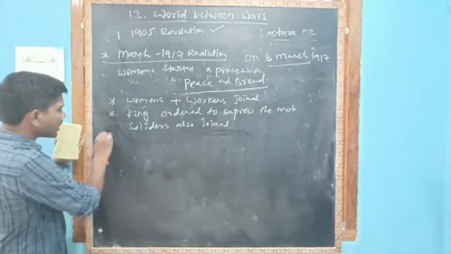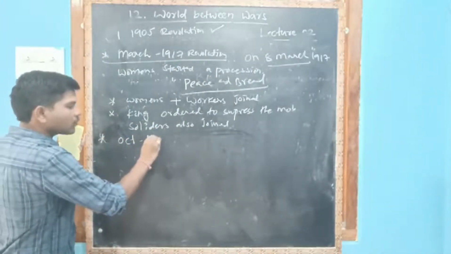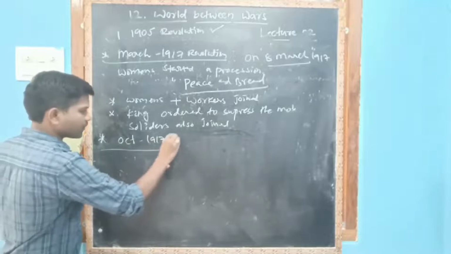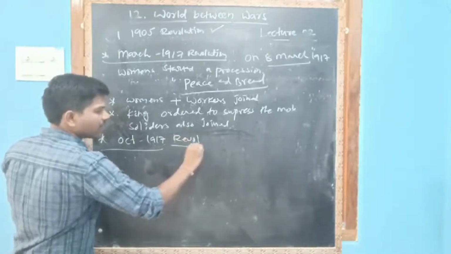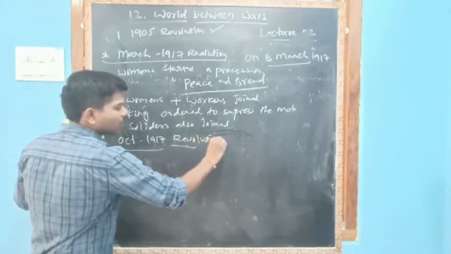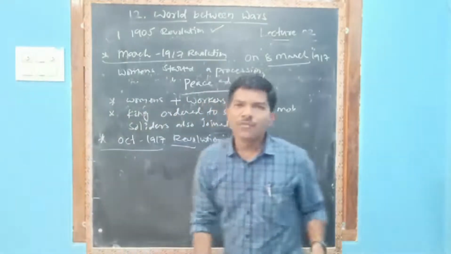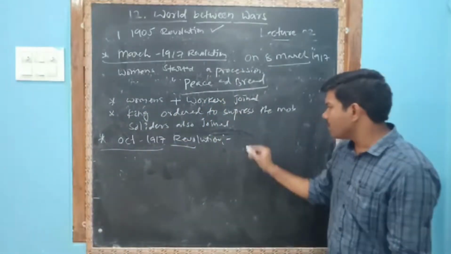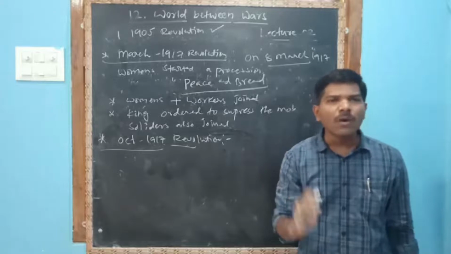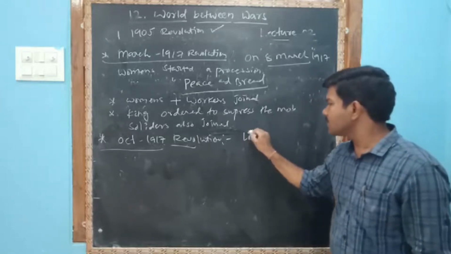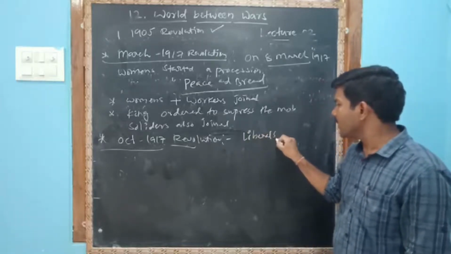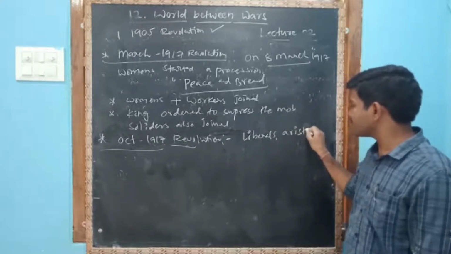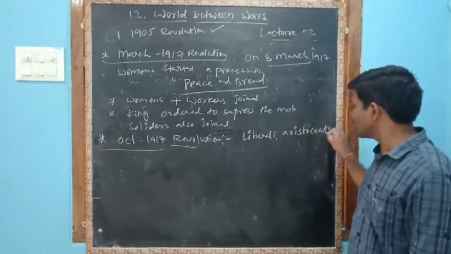That other revolution is the October 1917 revolution. Sir, what is the October 1917 revolution? Whenever the Tsar left, after the Tsar, liberals and aristocrats ruled Russia.